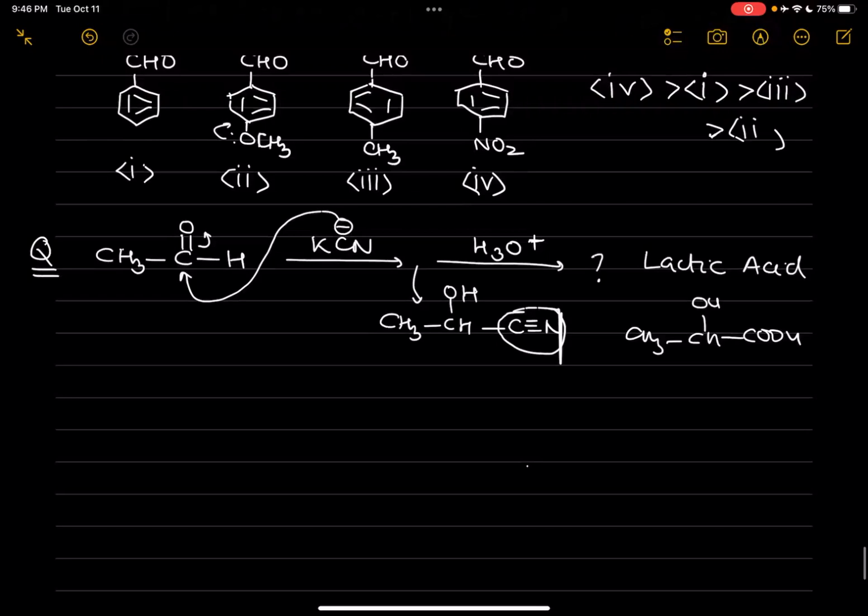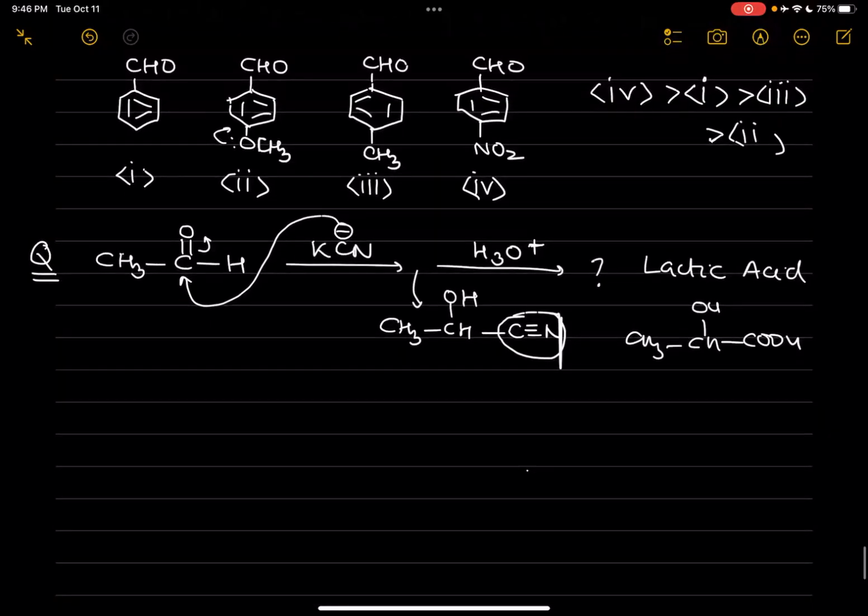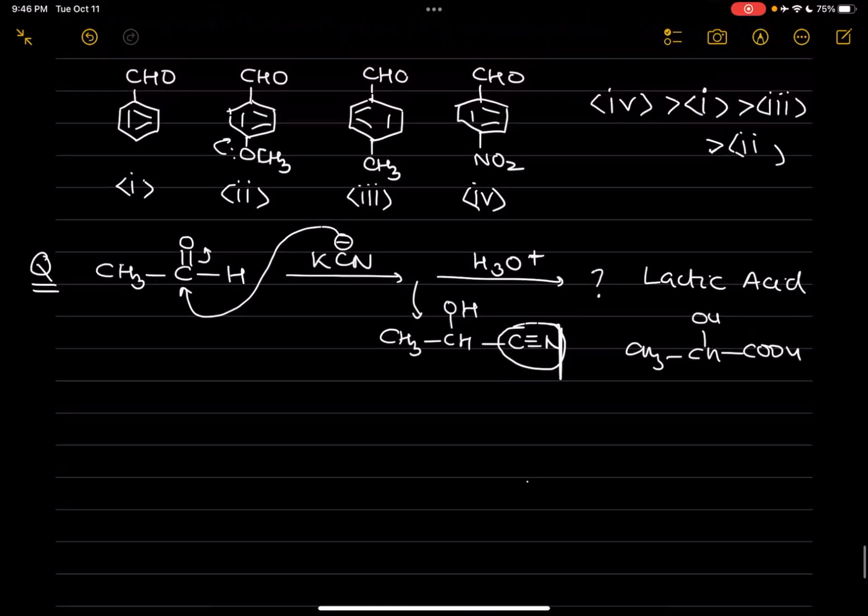And now the next thing is, what's going to be the IUPAC name of the lactic acid? IUPAC name you can tell me. 2-hydroxy acid.